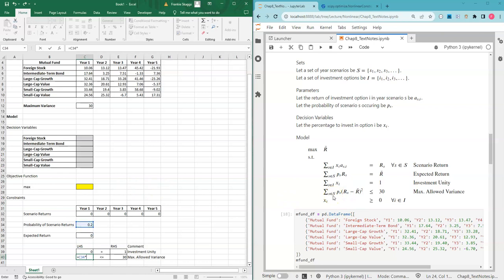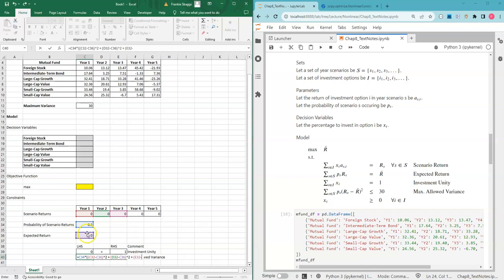And then for each time inside, I've got R sub s minus R bar squared. So, for instance, here I'd have R sub s, that's R sub 1, minus R bar, which is our expected return, squared. And then we would do that for each one of these years. So hopefully that's all making sense.